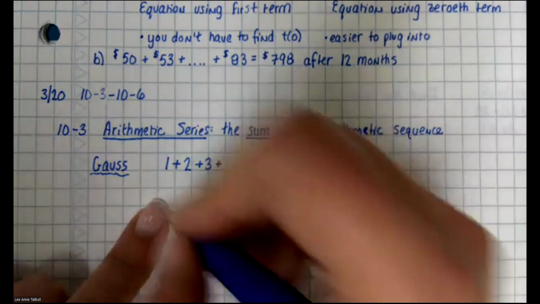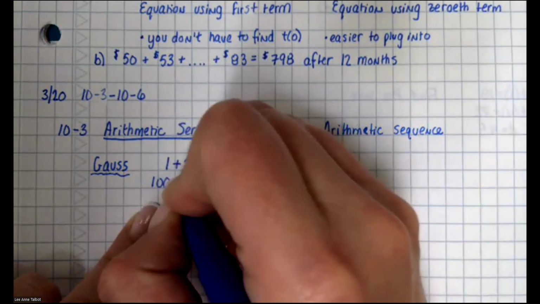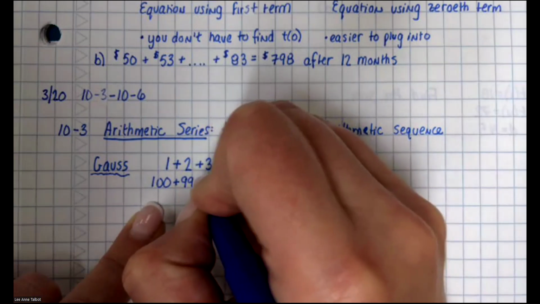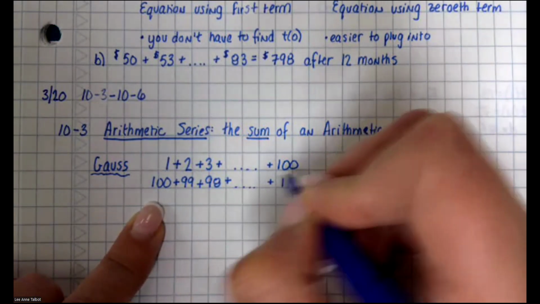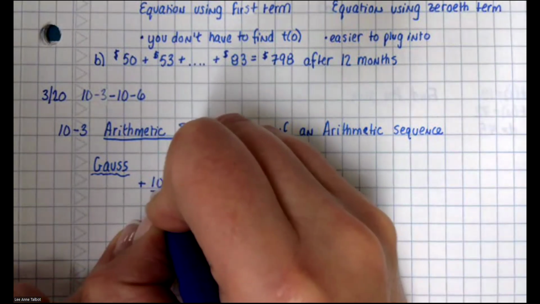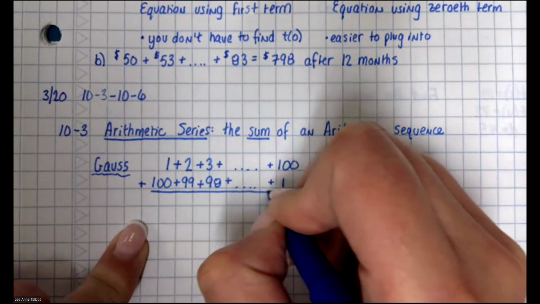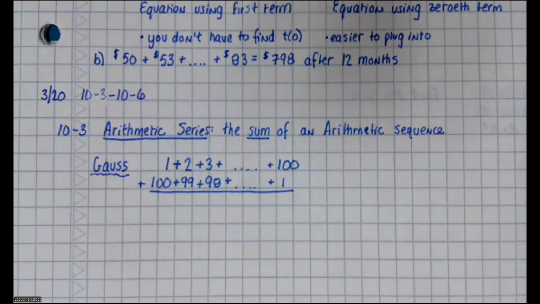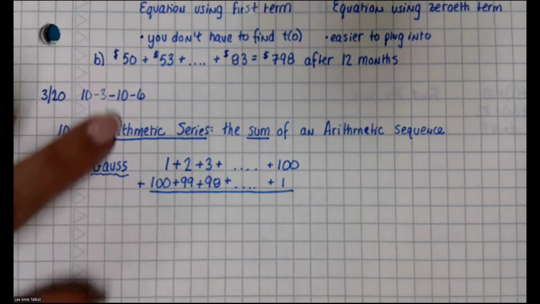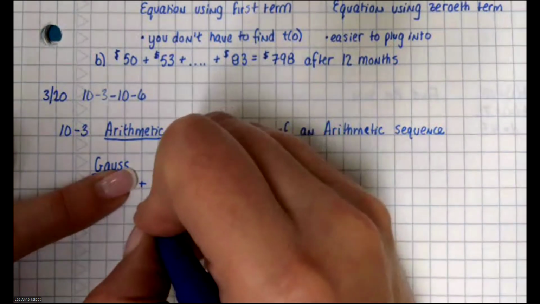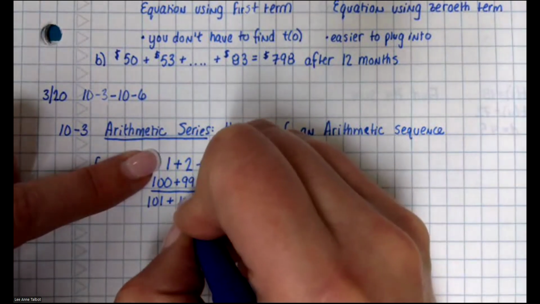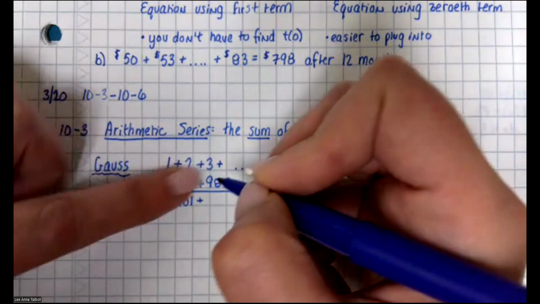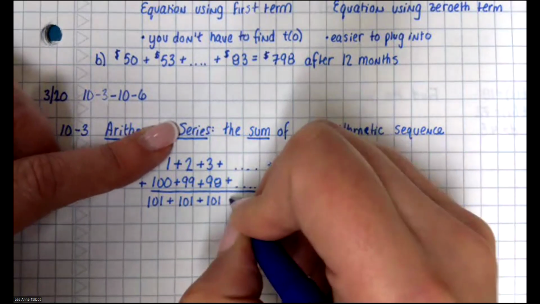And then underneath it, he wrote 100 plus 99 plus 98 plus ... plus 1. And then what he did was he treated these all as separate addition columns. So 1 plus 100 is 101. 2 plus 99 is 101. 3 plus 98 is 101.